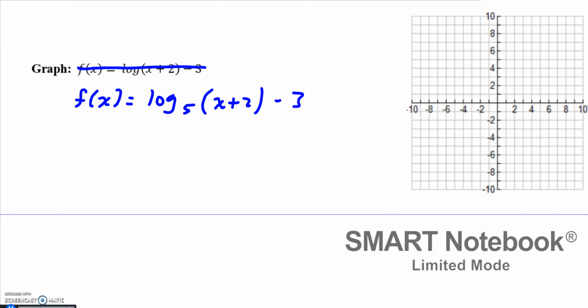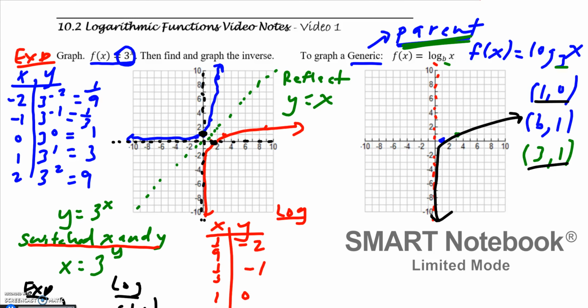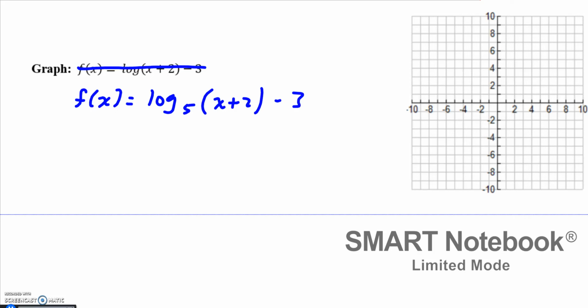So what I would like to point out is that if, again, you have a parent function, a basic one like this, you can use the points 1, 0 and base, comma, 1. So think about what the x plus 2 and x minus 3 mean. This eventually means that I'm moving to the left 2 units, and this means that I'm moving down 3 units.